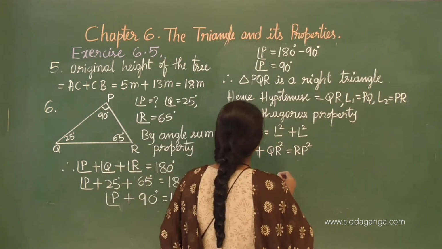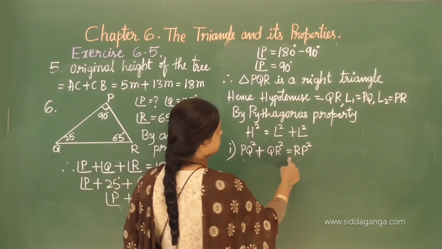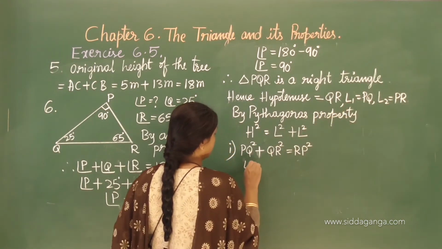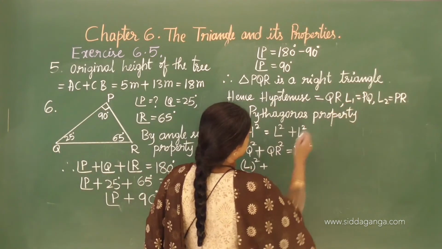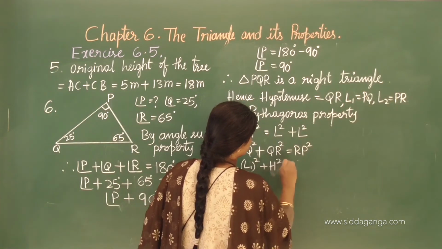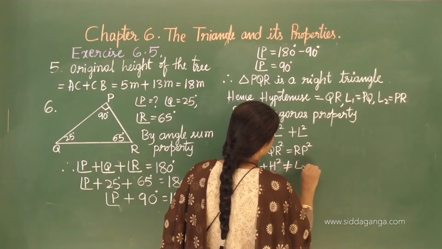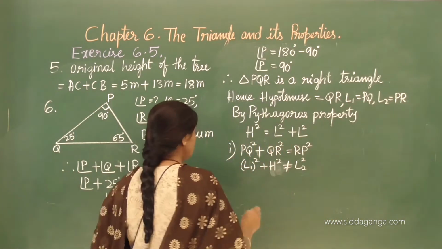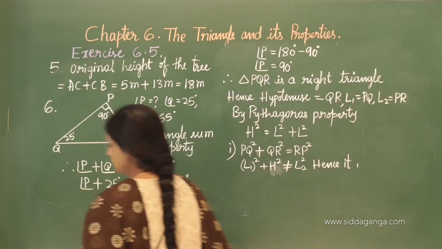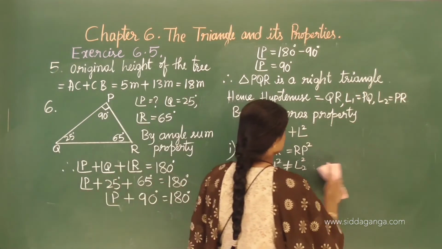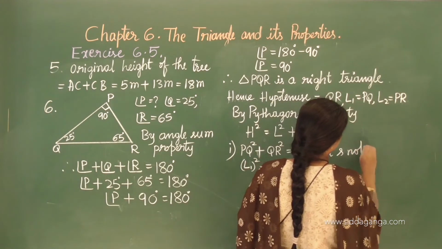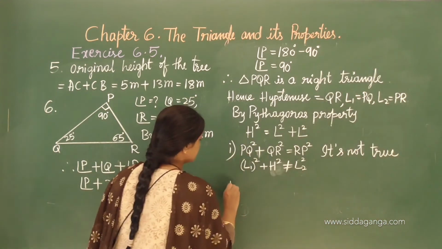So it's not true. PQ is leg 1 square plus QR is h square, that is h square is not equal to L2 square. Then it is not true.